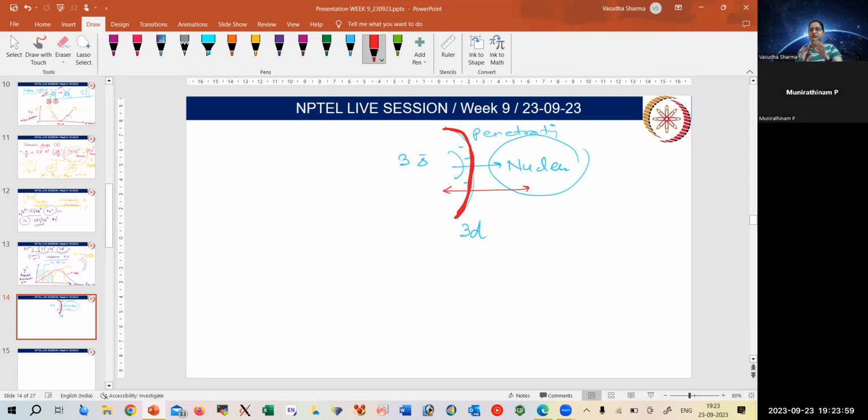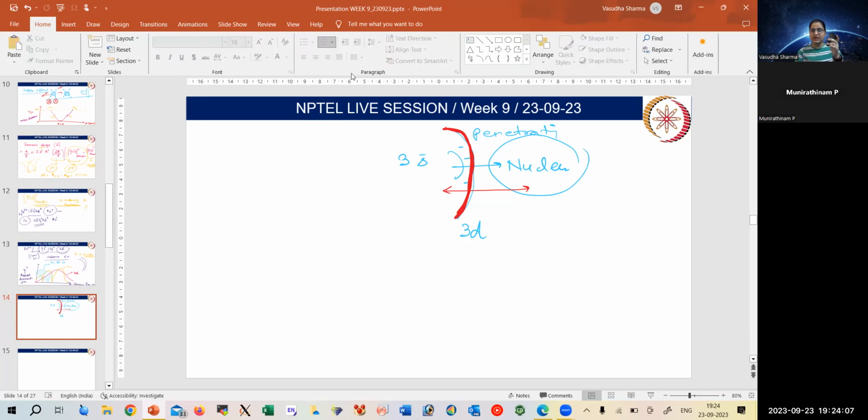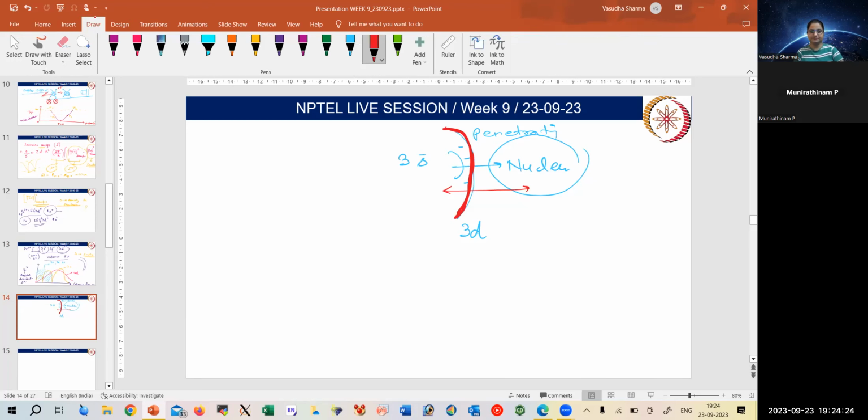The 3d electrons are trying to shield it from the nucleus. Say if my nucleus is this one and my s electron is this one, and something else is coming in between. So the third party is coming in between, which is increasing the distance between the two. It is shielding it from having more interaction with the nucleus. So that effect is known as the shielding effect.